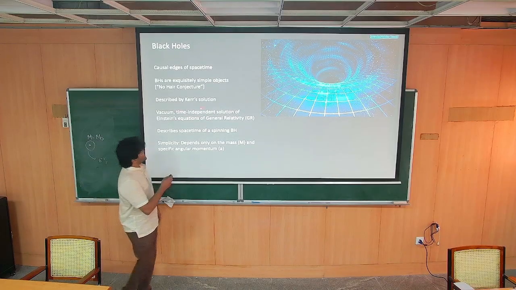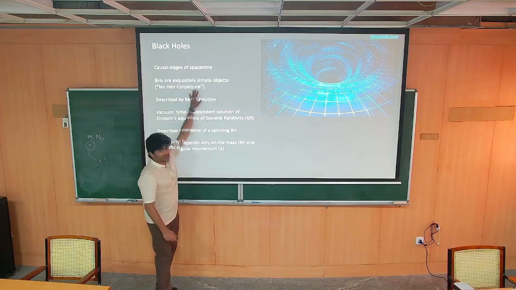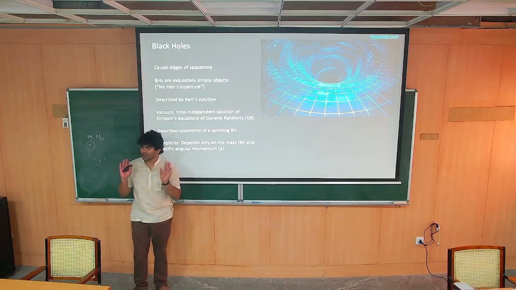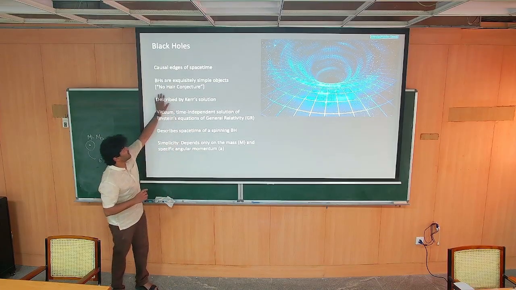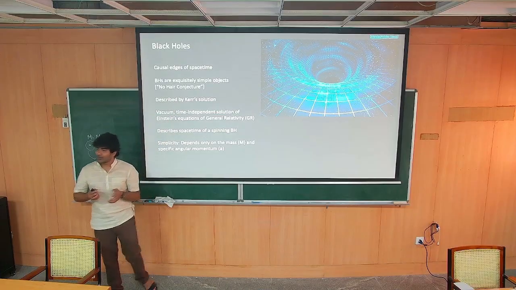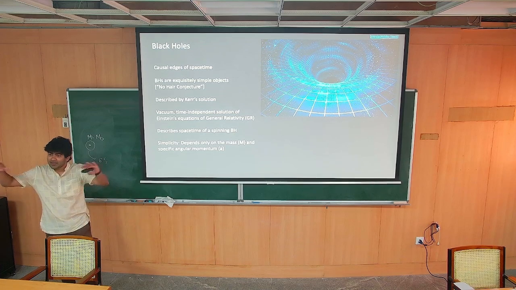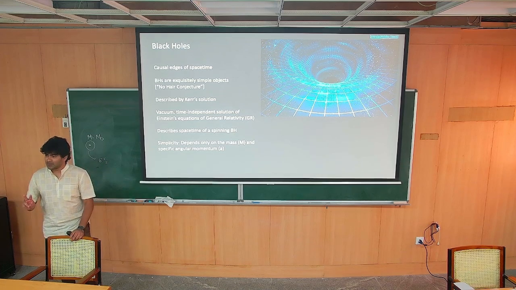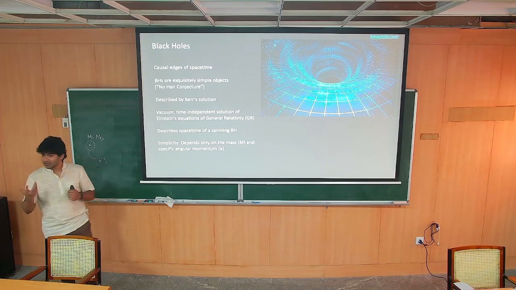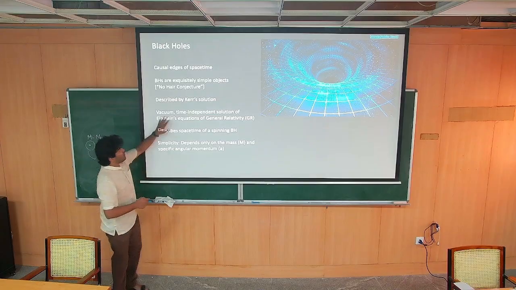And in Einstein's theory, they are supposed to be very, very simple objects. There's something called the no-hair theorem, which means that black holes are defined by just two numbers. All black holes everywhere in the universe, their entire space-time is described just by two numbers. The mass of the black hole and the angular momentum of the black hole. Okay, how it's spinning. What is the amount of spin it has. That is it. Why?